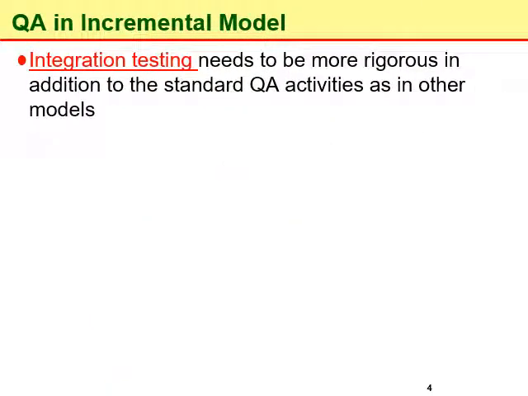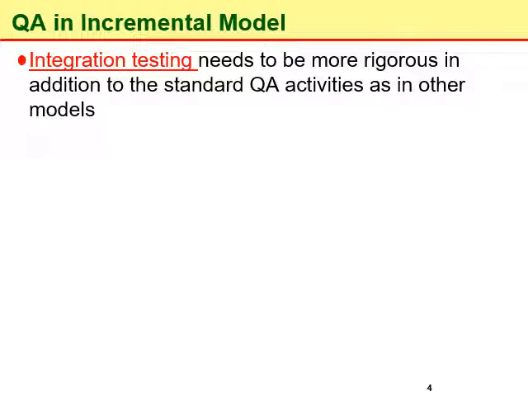Then quality assurance in the incremental model. As we discussed here, the overall process consists of several increments or iterations, each of them following more or less the same substages as we saw in the case of the waterfall model.